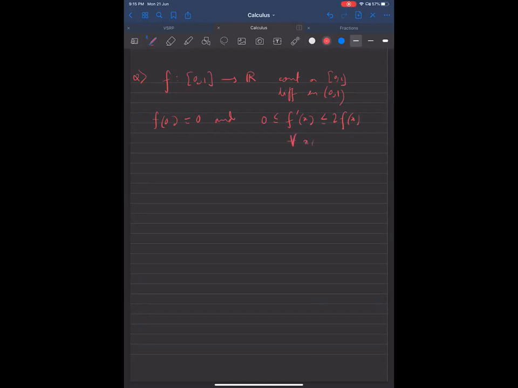This is true for all x. Then find f. Solve for it. If there is one, then one. If more than one, then all the possibilities.